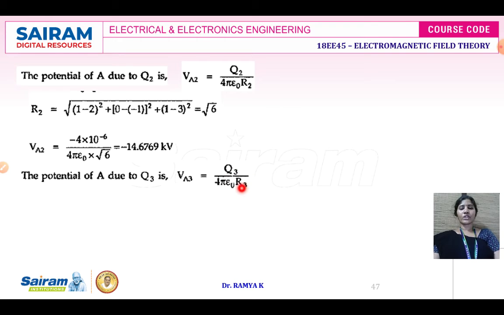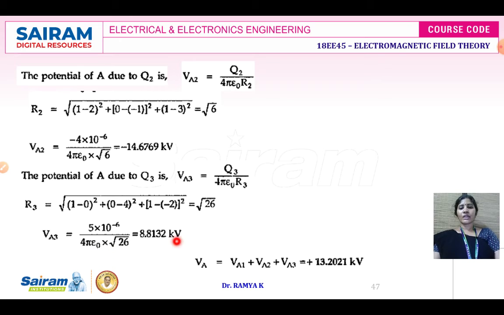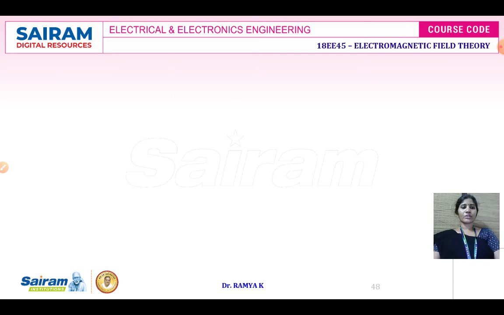The value of R3 should be identified between the coordinates where Q3 and A are placed. After identifying, we get root 26. Then substitute R3 as root 26 and the Q3 value as given in the problem, and you will get 8.8132. Therefore, the total potential at point A is VA1 plus VA2 plus VA3. The total potential is 13.2021 kilovolt.